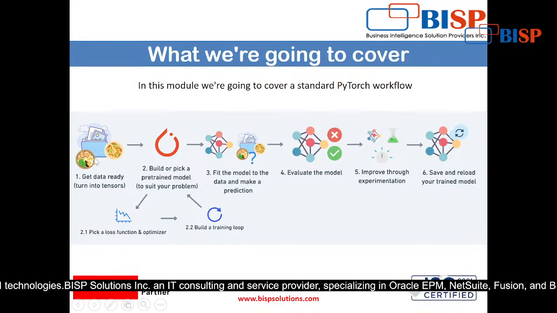First of all, we will get the data, then build a model, then pick a loss function and optimizer, build a training loop, then fit the data into the model, evaluate that model and improve through experimentation, that is the epochs. Today again we are going to see this. I will show you again and again so that you memorize exactly how the process goes, and then ultimately save and reload your trained model.